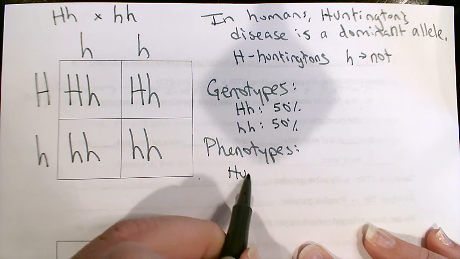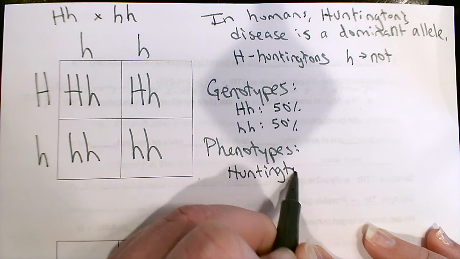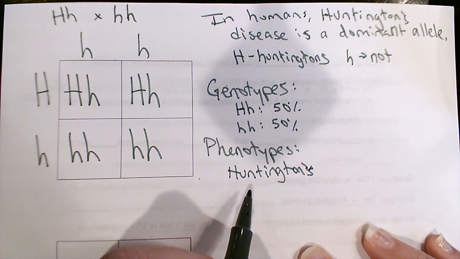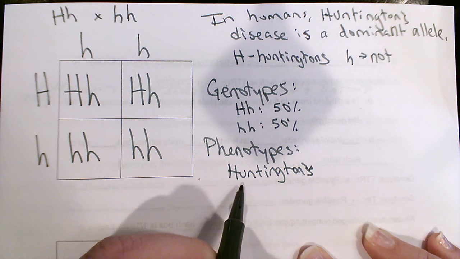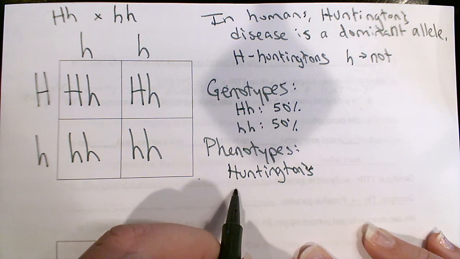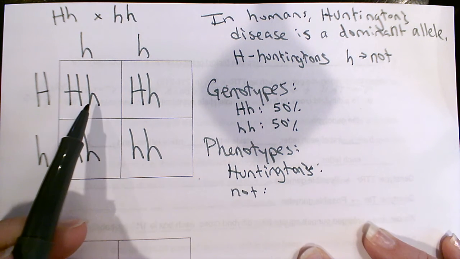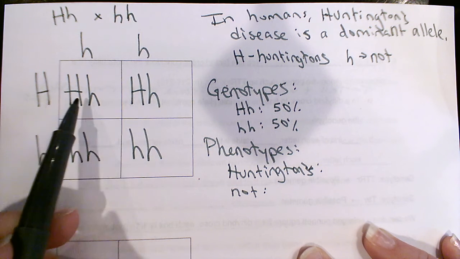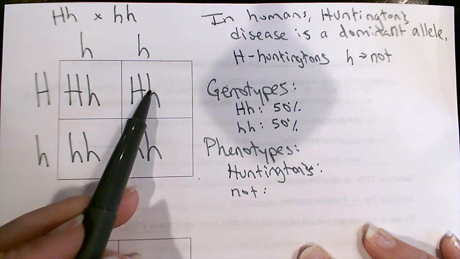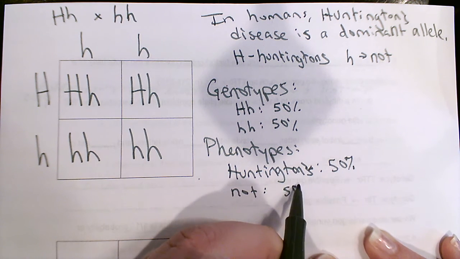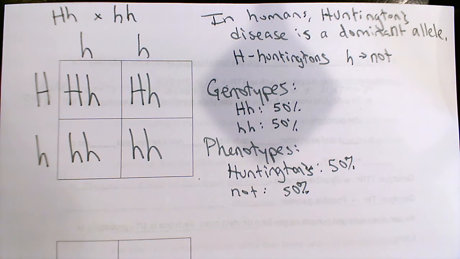Okay, so phenotype, Huntington's, so they have this disease that's going to make them lose their ability to control their bodies as they enter middle and late adulthood, or not. And again, remember, if you have at least one dominant allele, it's going to show up. Okay, so 50% of their kids would have it and 50% would not.